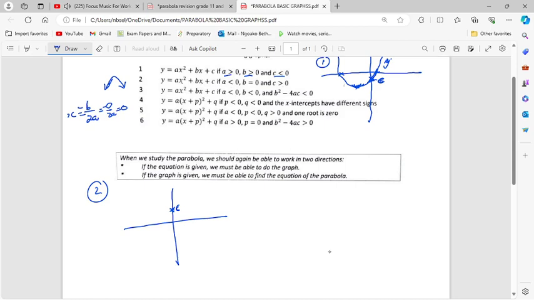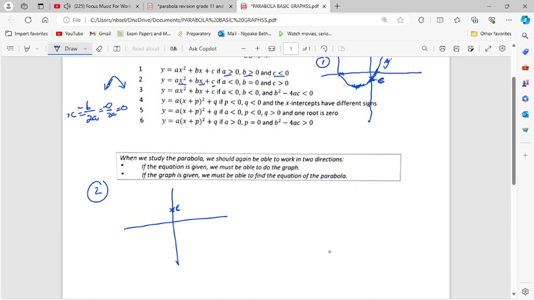So it means that if x is 0, we have 0 plus c. Our turning point is going to be at 0 and the value of c that is left here.